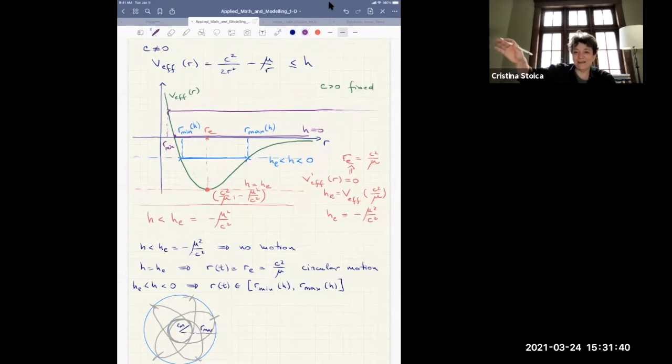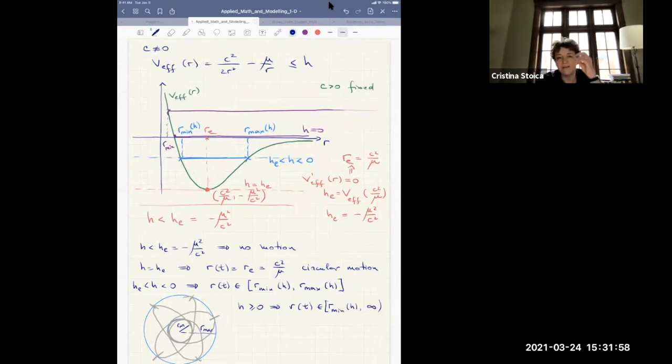It's going away, so it's unbounded, right? So for H greater or equal than 0, r of t is possible to be in between an r min of H, but can go to infinity.